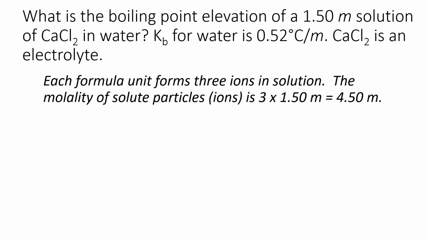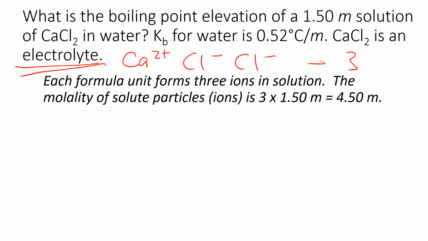Alrighty, what is the boiling point of a 1.50 molal solution of CaCl2? Kb for water is 0.52. CaCl2 is an electrolyte. So remember that CaCl2 breaks up into a calcium ion and 2 chloride ions. So that's 3 for your van't Hoff factor.